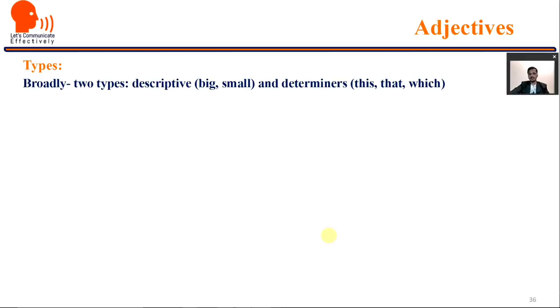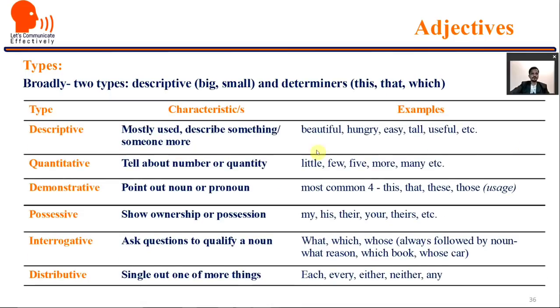So talking about the types of adjectives, broadly there are 2 types, descriptive and determiners. Descriptive: big, small, and so on, and determiners. Let us see. They are divided into further types like these: descriptive, quantitative, demonstrative, possessive, interrogative and distributive.